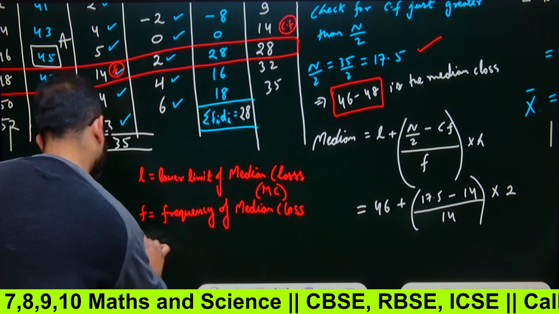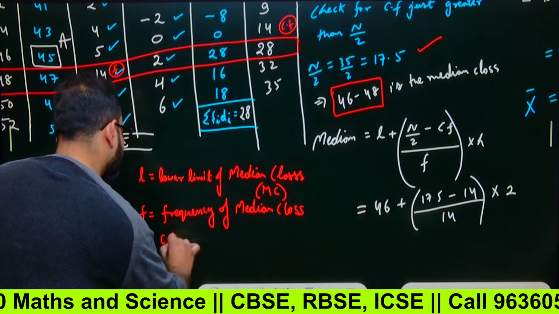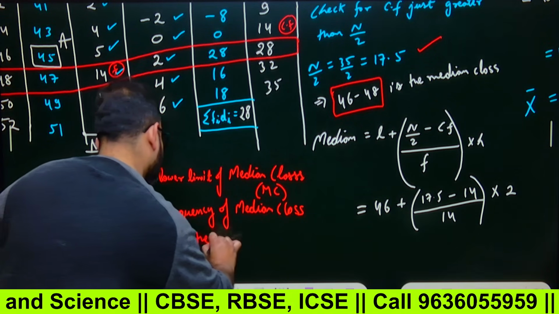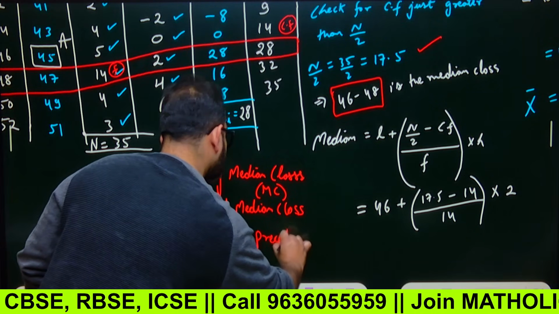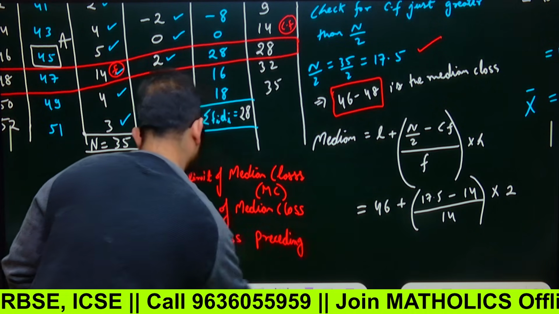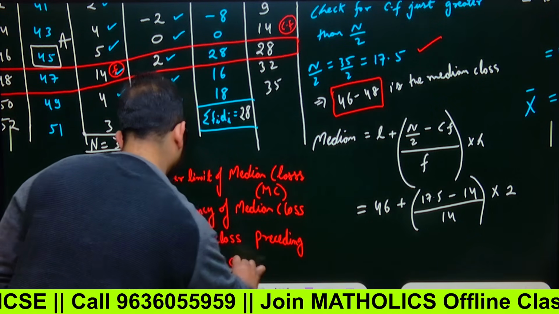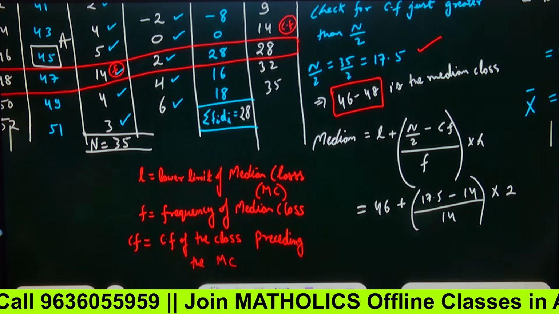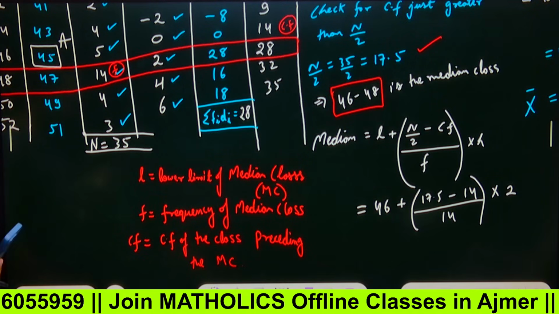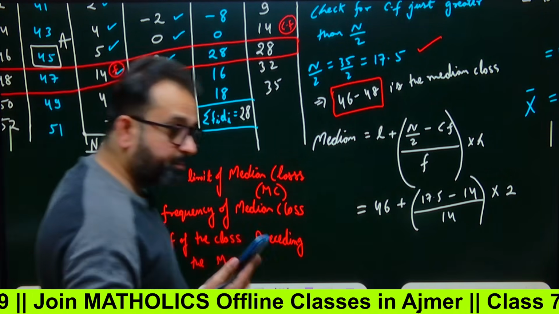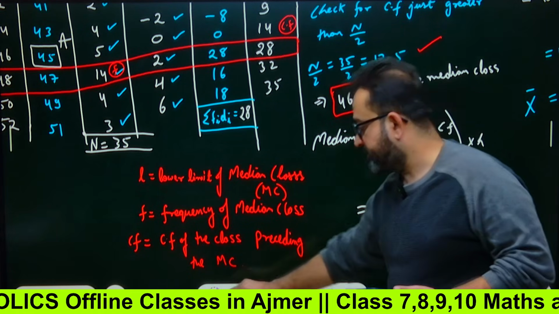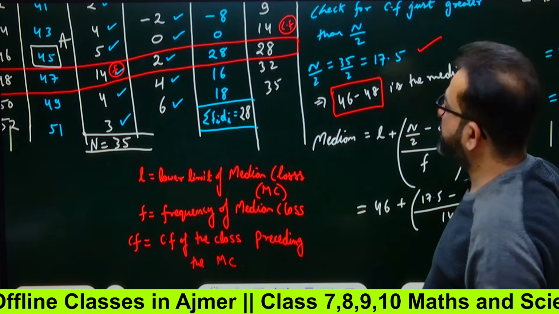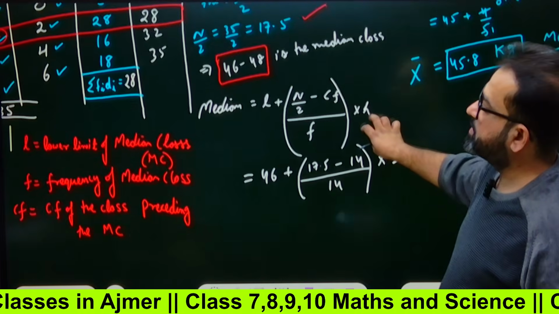What is CF? It is the cumulative frequency of the class preceding, that means just before, the median class. In this way you have to remember. I don't know any way better than the practice you must do for having perfection in these types of questions.